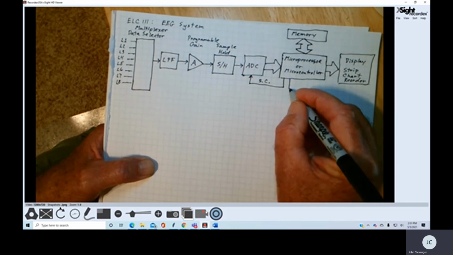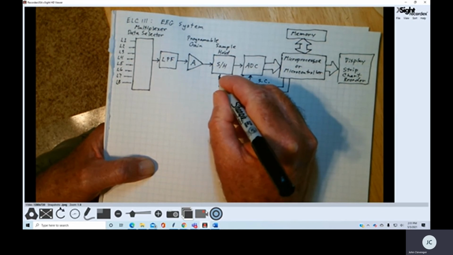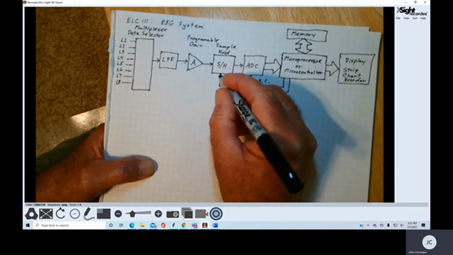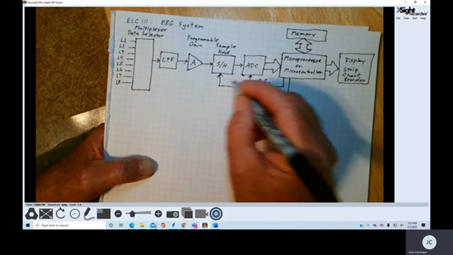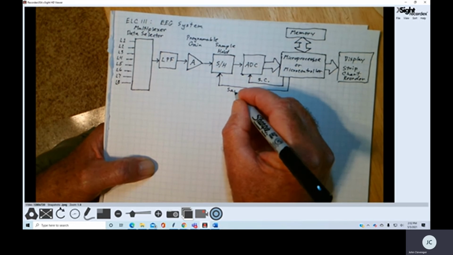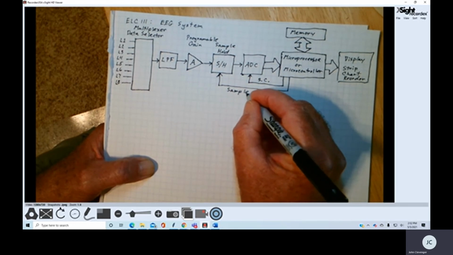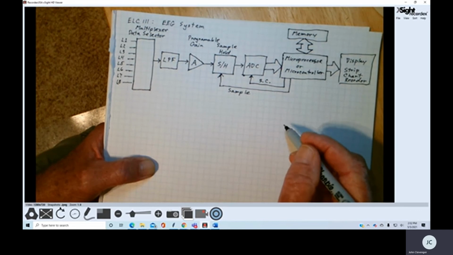The microprocessor, microcontroller, is also going to have to send a signal to the sample and hold circuit. We won't have to put a label on that. I guess we can say it tells it when to sample, similar to the start conversion signal.